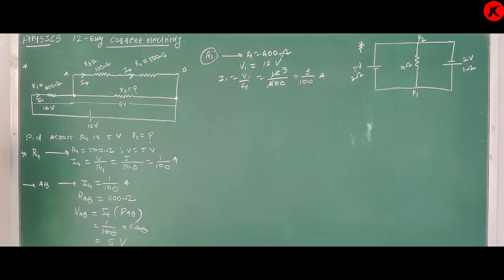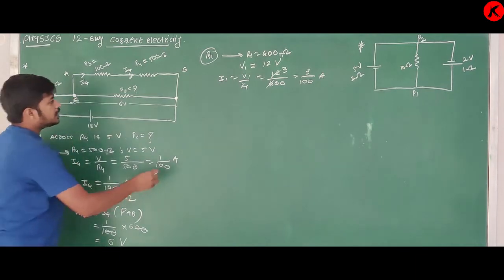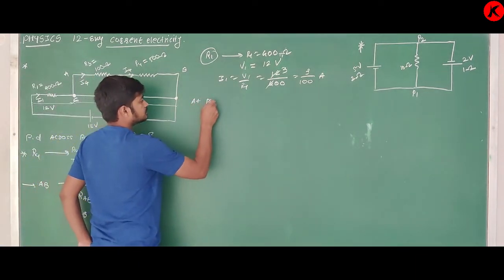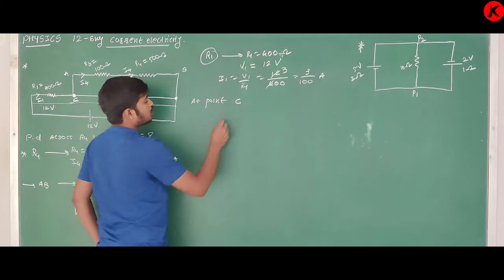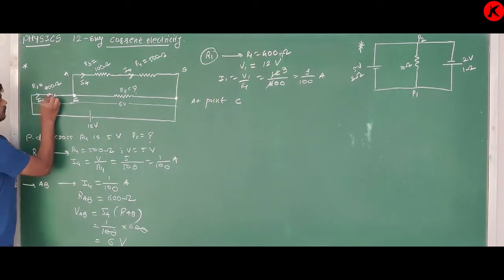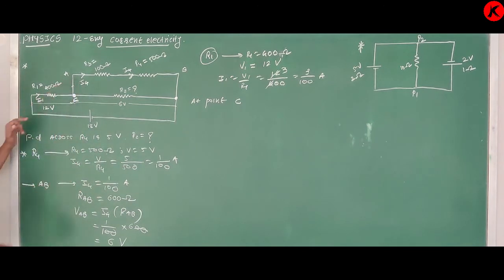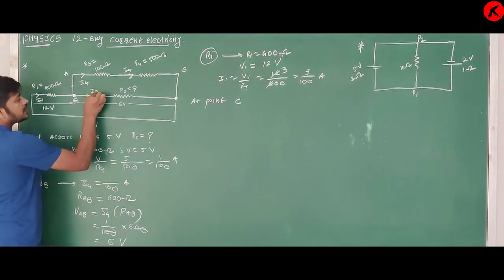Now see here, at this point, if I give this point the name C, at point C you can apply Kirchhoff's junction rule, or you can say current rule. Out of this I1 current, here the current flowing is I4, and here I can say it is I2.